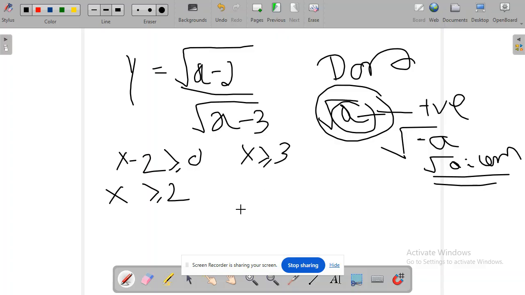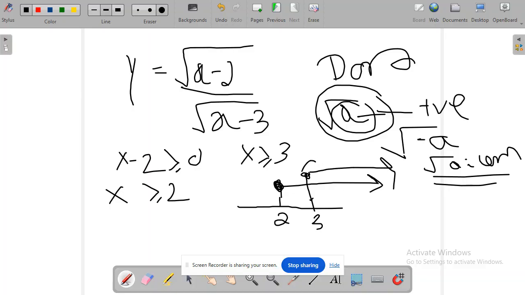Now to find the domain, you need to draw a number line where this is 2 and this is 3. It is a round bracket at 3, so from here it will go to infinity, and from here it will go to infinity. You have to take the intersection part.